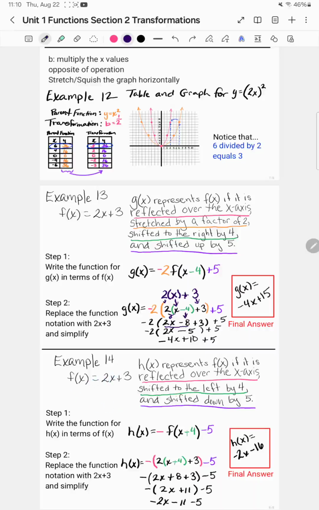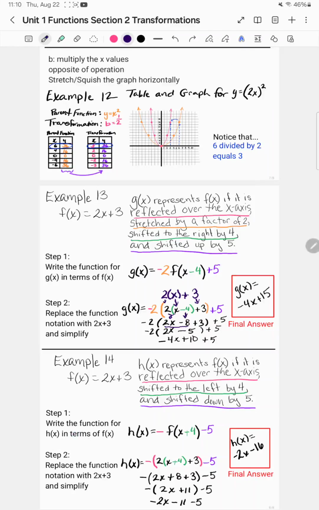So we're going to use the same f of x, but this time we're going to make a different function. We're not making g of x anymore, we're going to make h of x. And h of x represents f of x if it is reflected over the x-axis, shifted to the left by 4, and shifted down by 5. So these are some opposites of what we saw before.